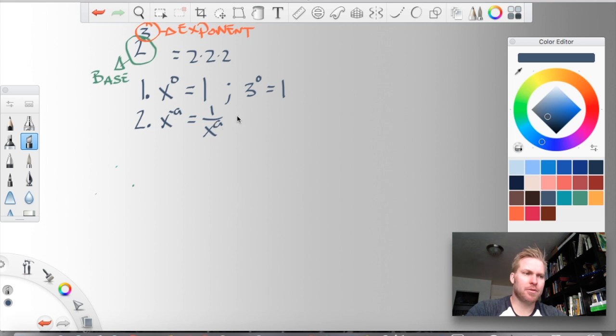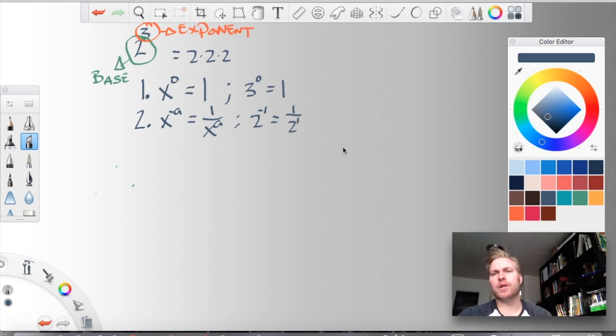That might seem a little abstract, so let's talk about a more specific example. Let's do 2 to the negative 1 power, just for the sake of not having the same number there. So 2 to the negative 1 power is equal to 1 over 2 to the 1 power.